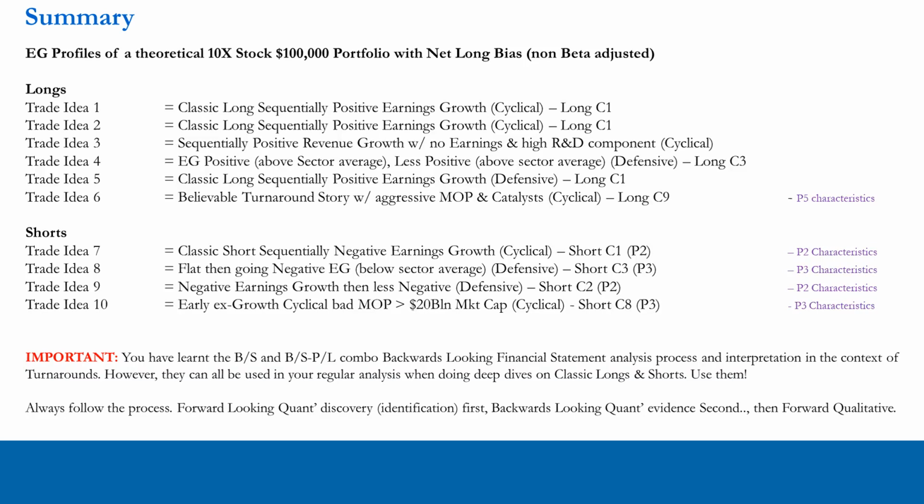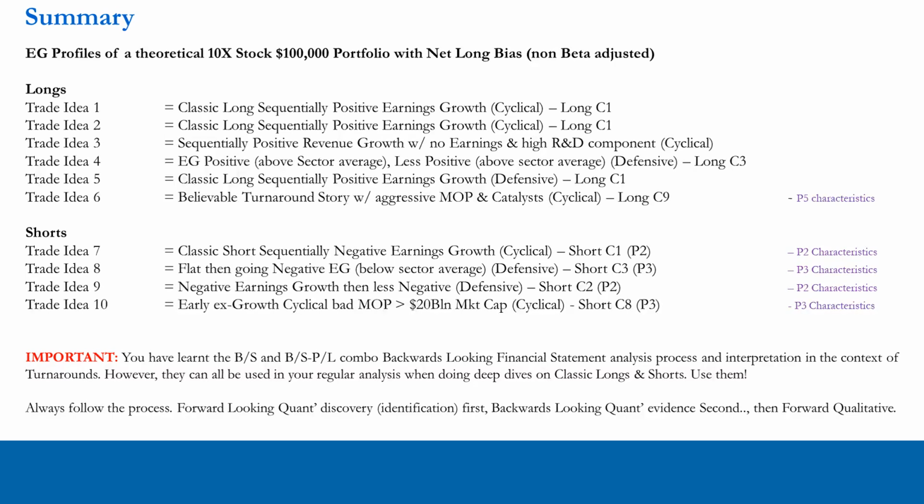So at this stage, guys, it's good to understand how all of this is fitting together. We're not going to have a situation when we build long-short portfolios where we are simply just long growth names all the time. We're going to have different types of longs across the book, and we're going to have shorts in our portfolio because we are long-short managers, and we're going to be short ex-growth names at the right phases of them going ex-growth.